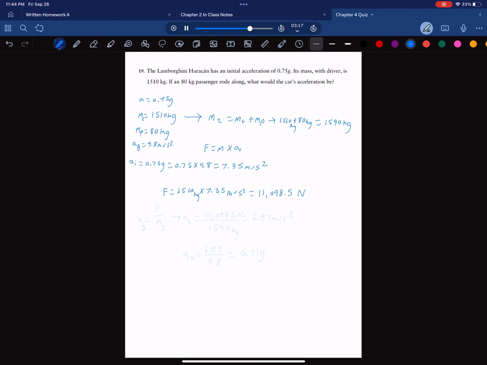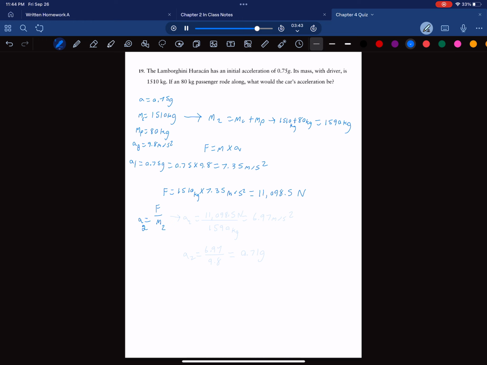Now we can solve for acceleration. We have our force, we have our mass. Now all we have to do is rearrange the equation, so A equals F over M. To make it make more sense, we'll use A2 as well as M2 to show that we're using those values. And then we might relabel this as A1, so it makes sense: acceleration 1, acceleration 2.